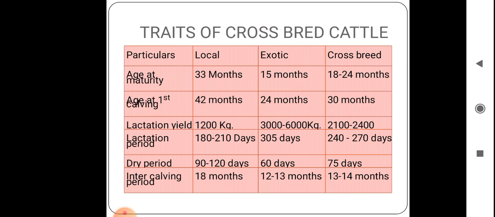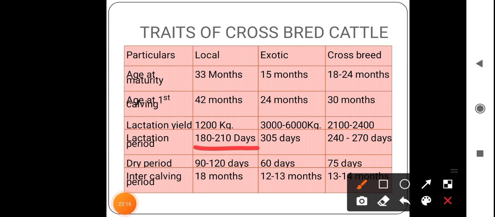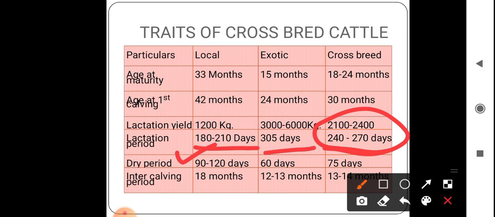Lactation period 180 to 210 days, means the animal will give milk for 180 to 210 days. Exotic animal 305 days, and crossbred animal will lactate for 240 to 270 days. Dry period here 90 to 120 days, for exotic 60 days, crossbreed 75 days. So the dry period is also reduced.